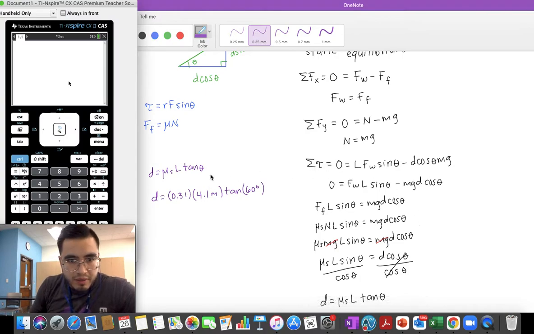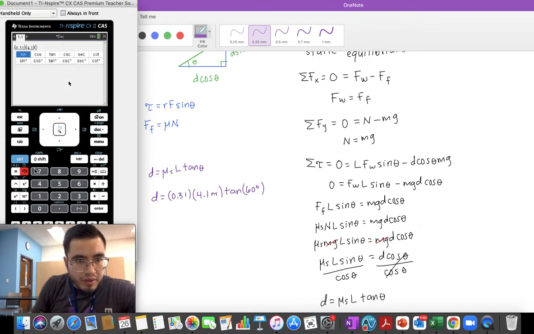Let's see what that is. 0.31 times the length, 4.1, times tangent, 60. Class, make sure your setting is on degrees, not radians, okay? For this one, we do on degrees. Enter.